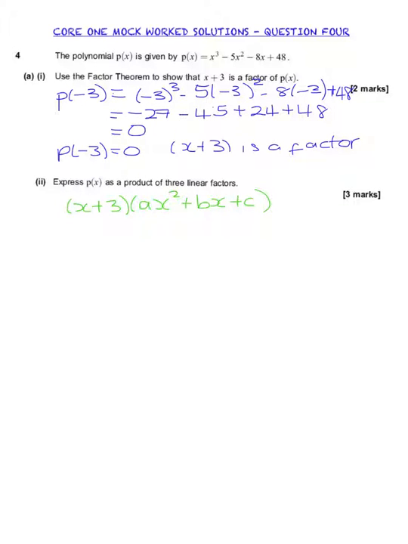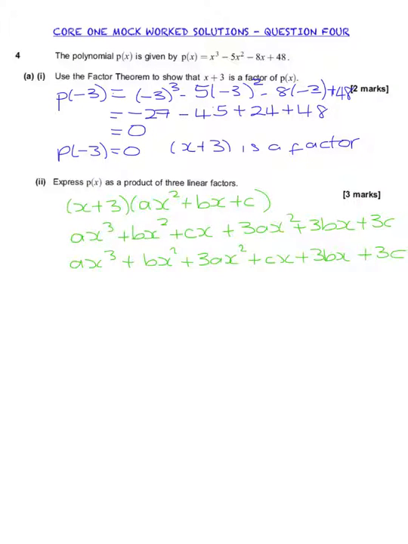First, expand the brackets to get ax cubed plus bx squared plus cx plus 3ax squared plus 3bx plus 3c, which we can rearrange to collect terms. We can now compare this with our original equation.